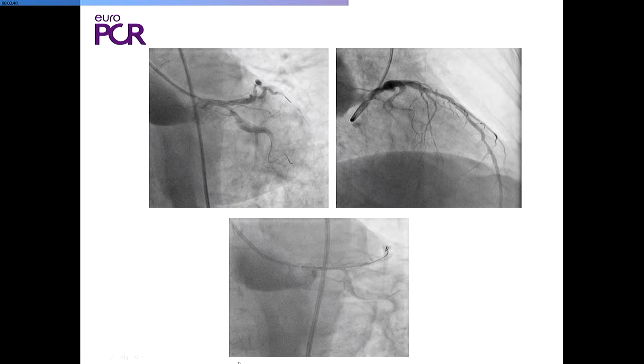So at this time, I tried to seal the site, or minimize the extravasation, by deploying another stent in the left main. It was a 4.0 by 8 stent, also a Xience stent, in the left main.